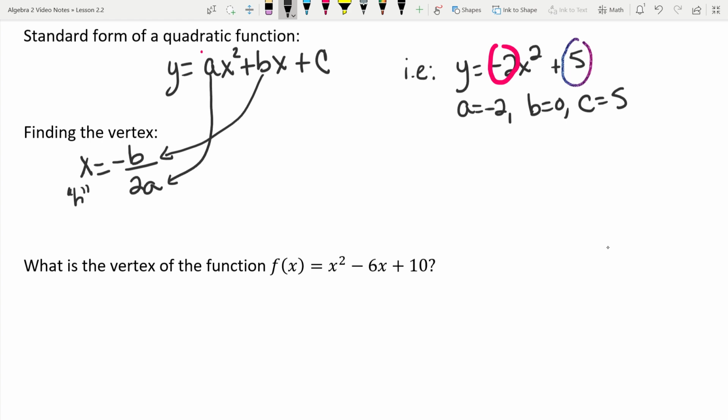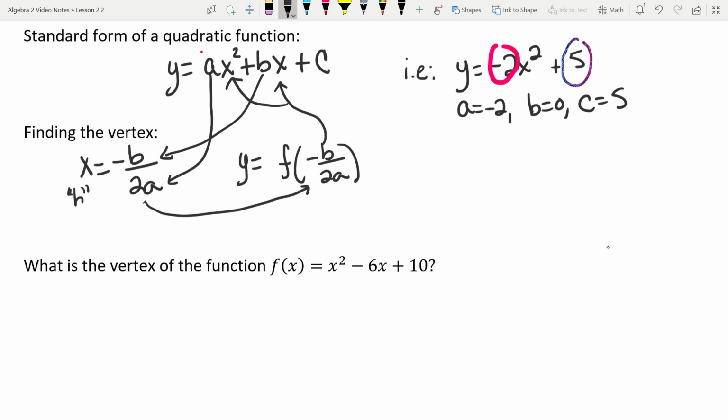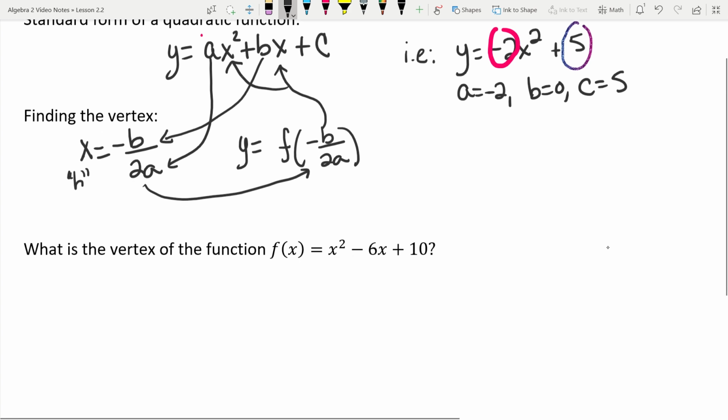And then to find the y coordinate, we're going to plug in whatever we get for x into here. So we're going to plug in f of negative b over 2a. So basically whatever we get for x, we plug it into the function.